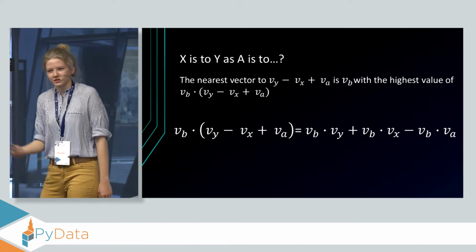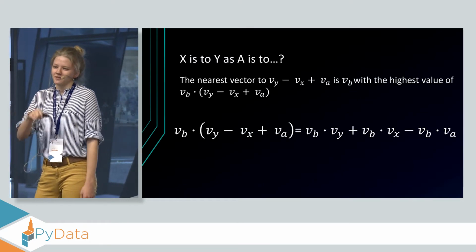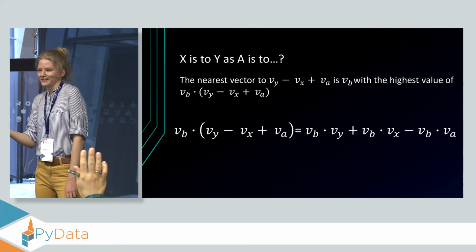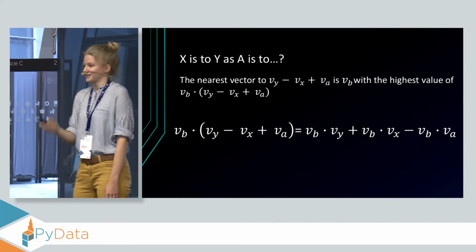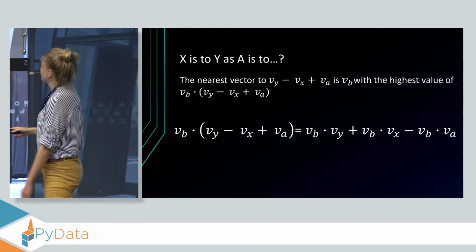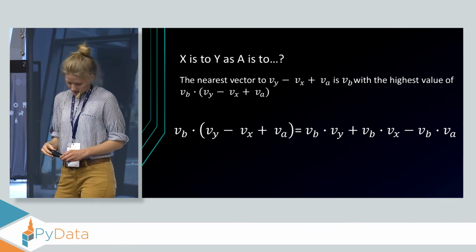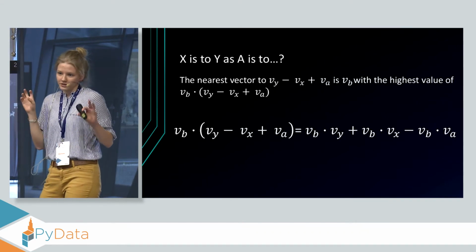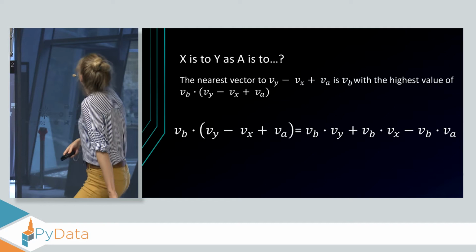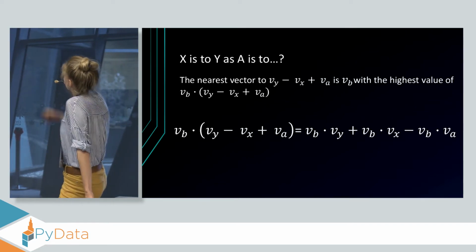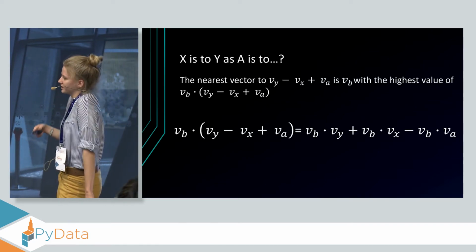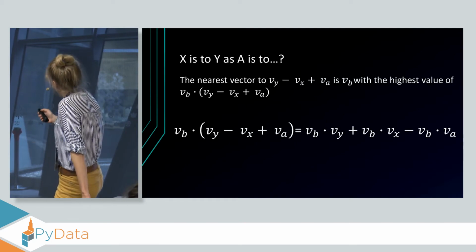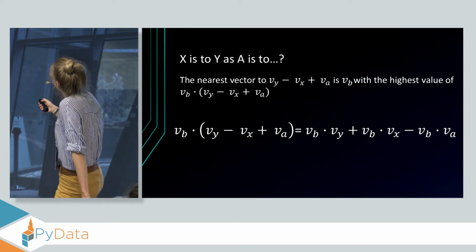Who's ever heard of king minus man plus woman equals queen? Yeah, okay, that's cool. That's what this is about. Our model is capable of solving those analogy riddles. We want to find the vector which is the answer, the one which has this value the highest.